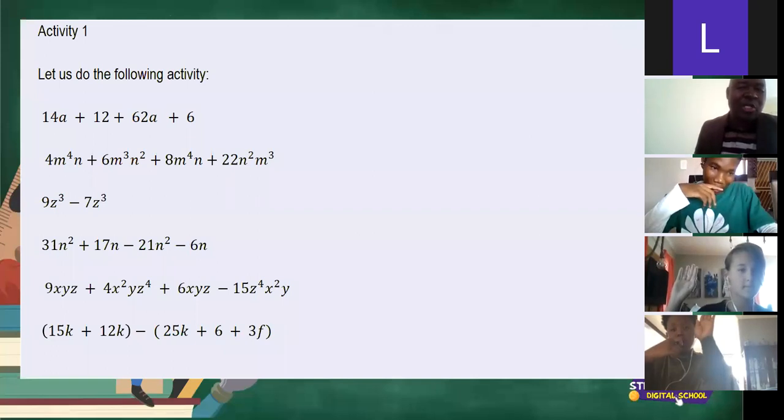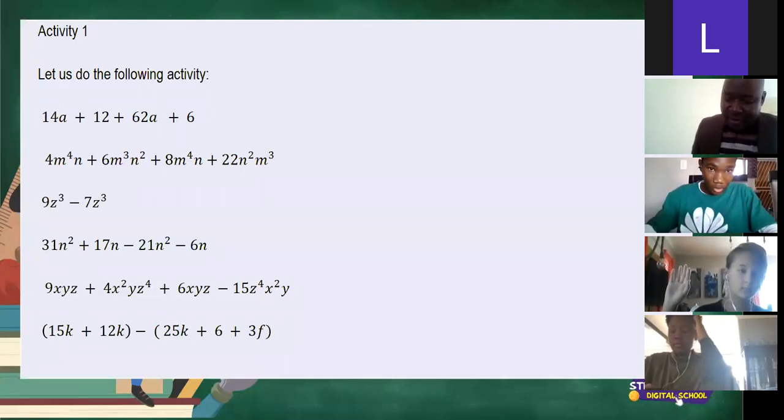So we don't focus on the numbers, we focus on the variables. Let's look at the variables. The first pair you said is 4m to the power 4n plus 8m to the power 4n.